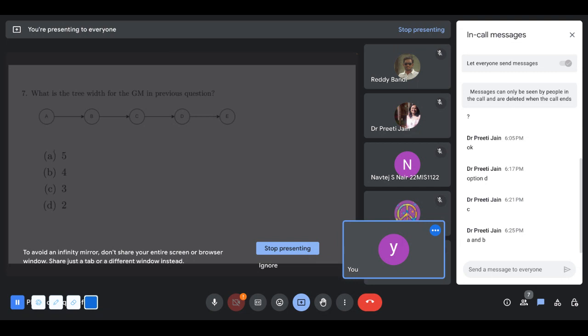Typically, tree width is defined as the maximal number of nodes in a clique. In this case there are only cliques of width two, so the tree width is two.